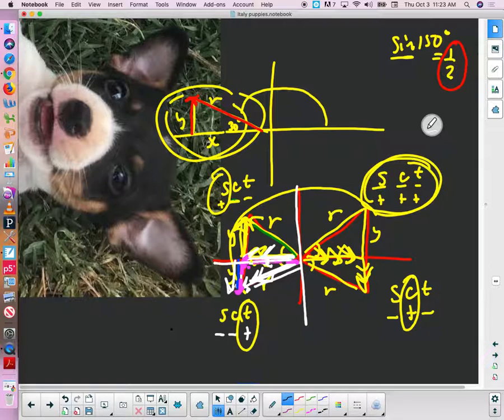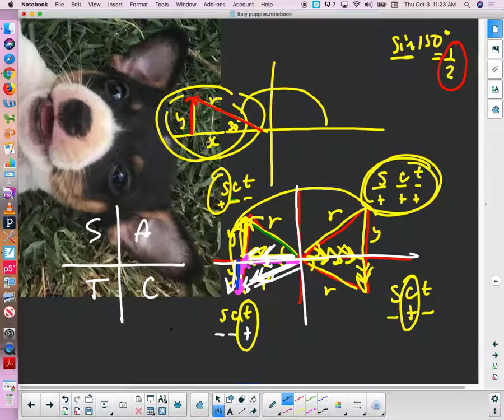The axis is a big plus sign. It's trying to tell you where everything's positive. So I'm going to draw a big plus sign and write all students take calculus. If you're in this quadrant, sine is positive, so by default, the others are negative. So it relieves you of lots of stress.